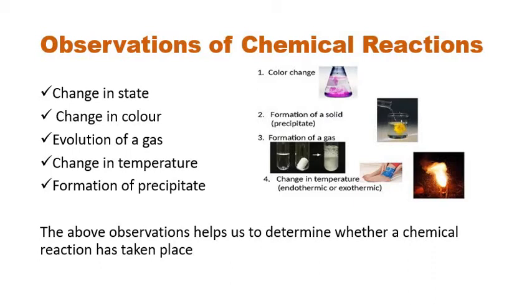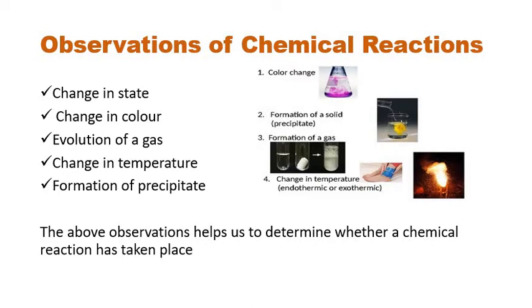So in that reaction the solid and liquid reactants interact to give an aqueous and a gaseous product. So there is a change in state. This is the observation we can note down by seeing such a reaction.